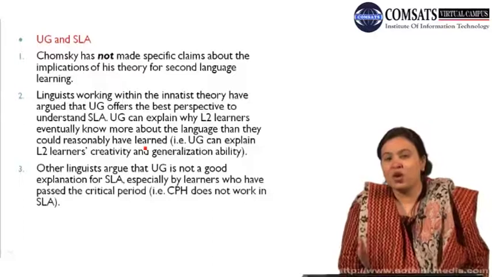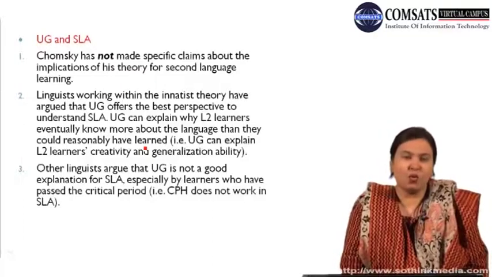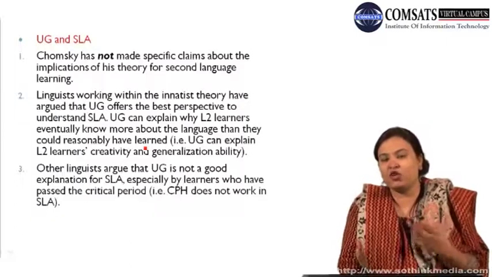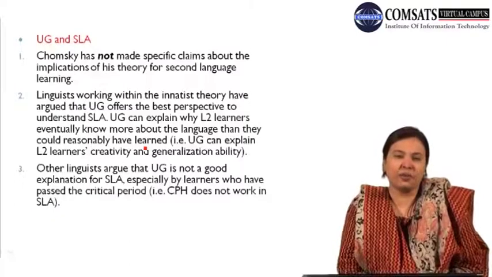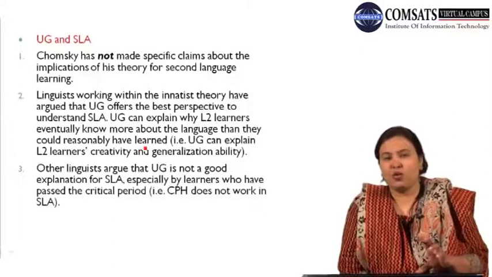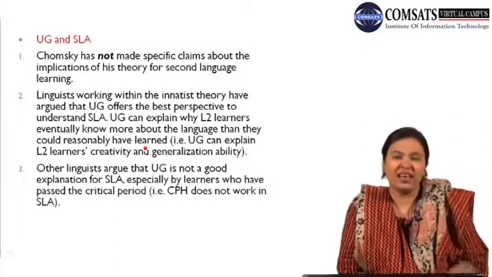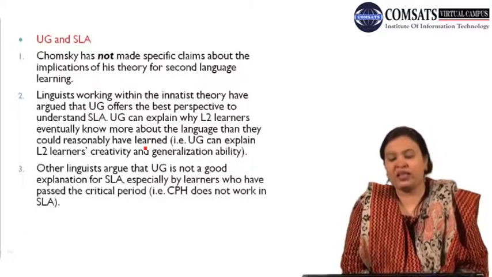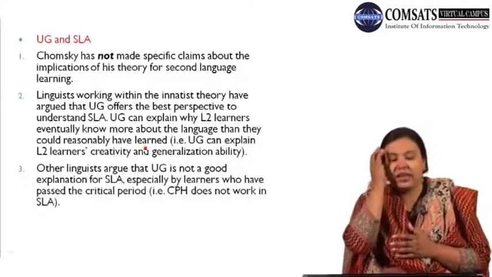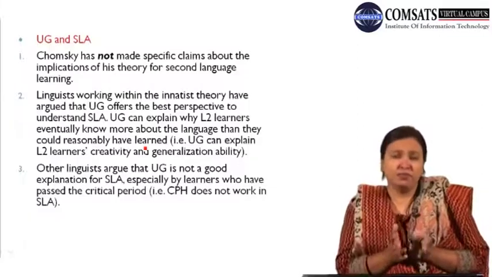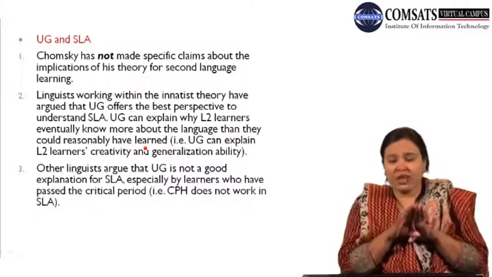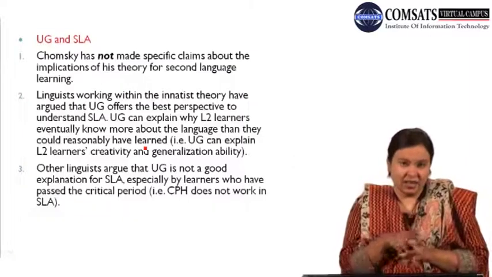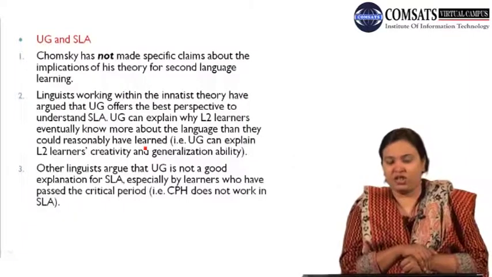But some linguists who were interested in his idea, who were motivated by his ideas, tried to explain the second language learning process by following the same model of that innatism theory. Linguists working within the innatist theory argued that universal grammar offers the best perspective to understand SLA, standing for second language acquisition.